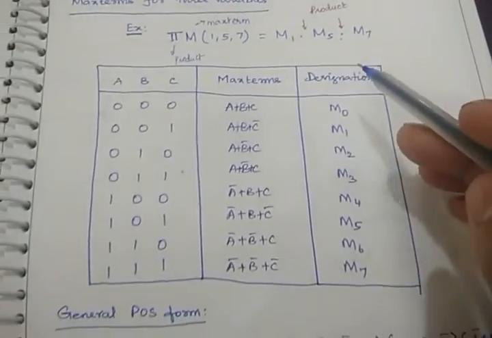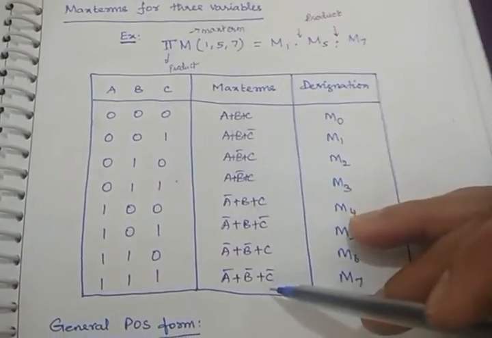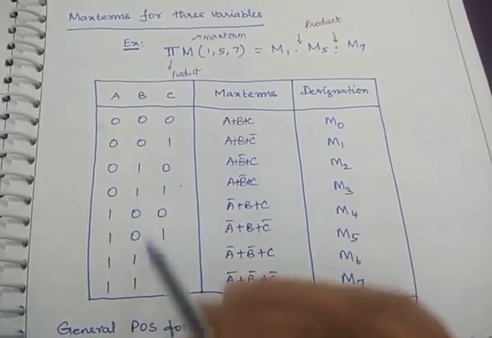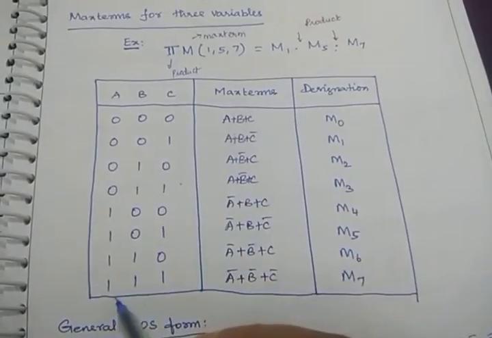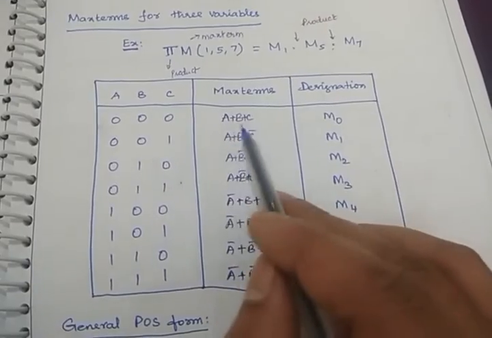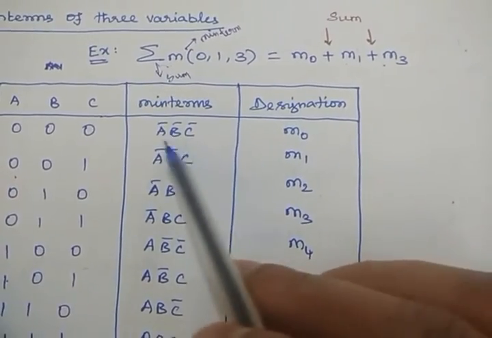So we'll see the notations and the max terms for 3 variables. 3 variables means totally 8 combinations will come, 0, 0, 0 to 1, 1, 1. All the variables will be in addition here, whereas in min terms the variables are in multiplication. Remember, right?